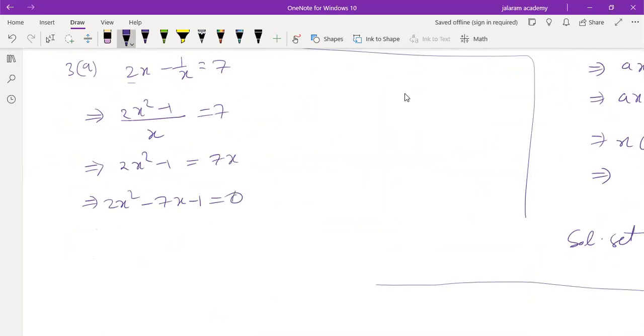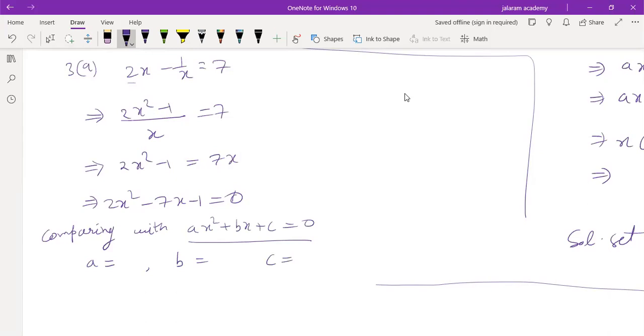Now can you tell me the Sridharacharya formula? Sir, x equals minus b plus minus under root b square minus 4ac upon 2a. So when we compare it with ax square plus bx plus c equals 0, what are the values of a, b, c?